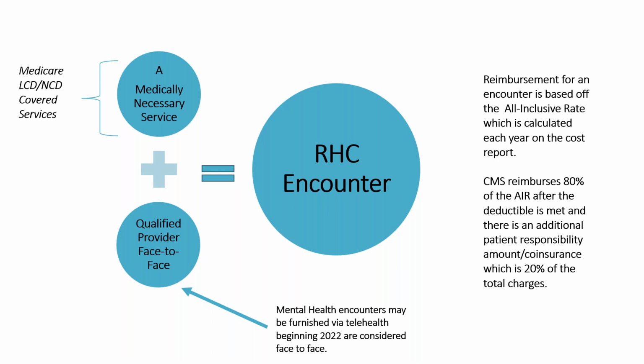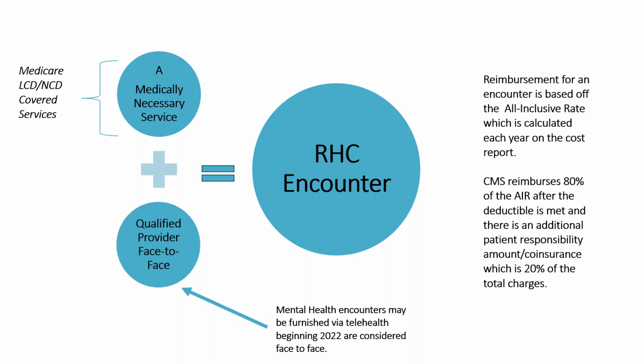So you'll see over on the right side of this slide, CMS is going to then reimburse us. Y'all, rural health clinic math gets really wonky. So we say we get paid an all-inclusive rate, but actually our Medicare contractor, whether that's Palmetto or Novitas or any of the other Medicare contractors, is only going to pay us 80% of our all-inclusive rate.